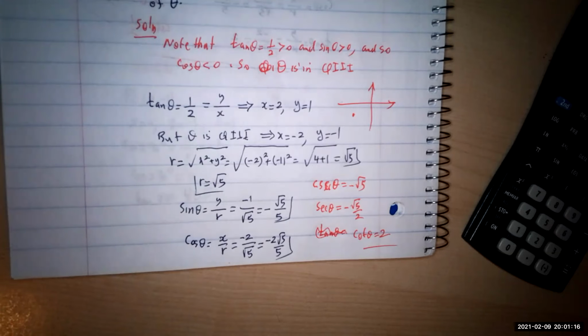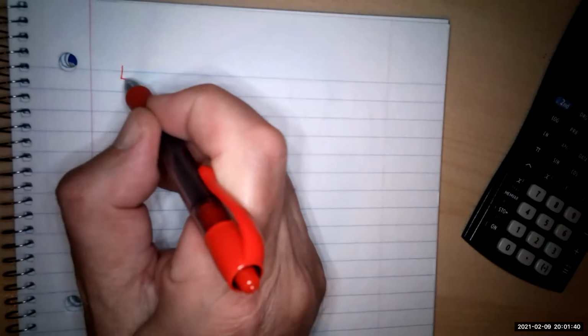Otherwise, we get it right away. Let me see if I can find it. Yeah, this is another one. 2.4. Okay, let's give you another one. This is similar to what you have in your book.